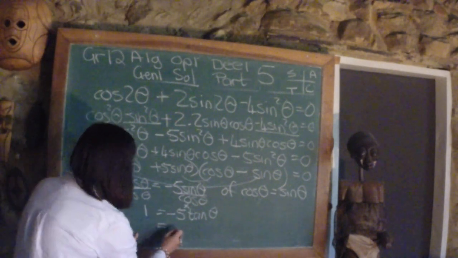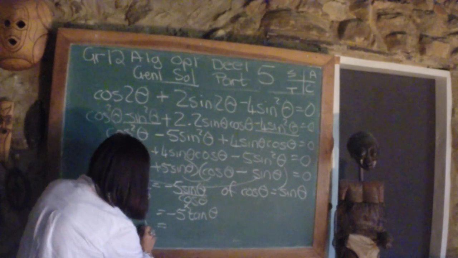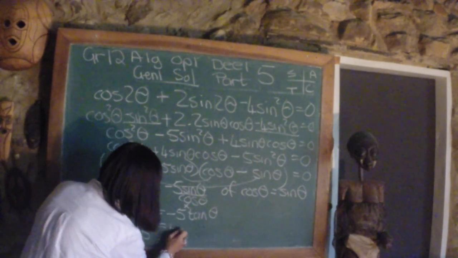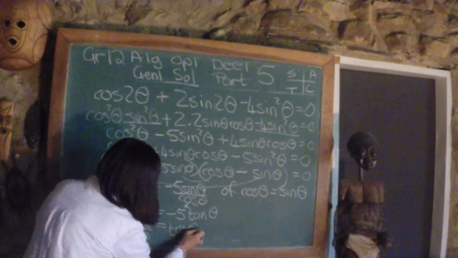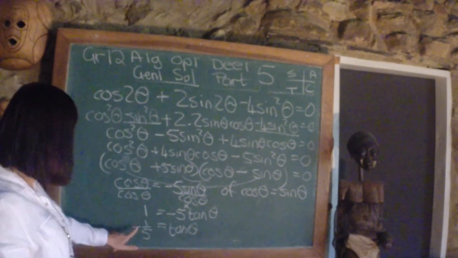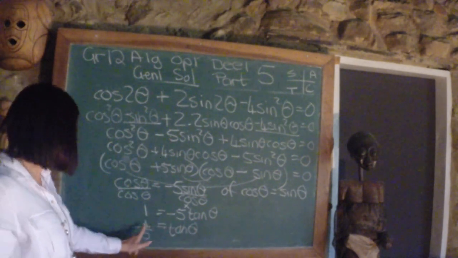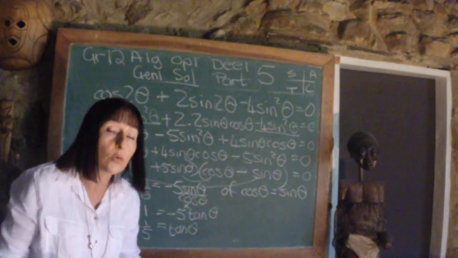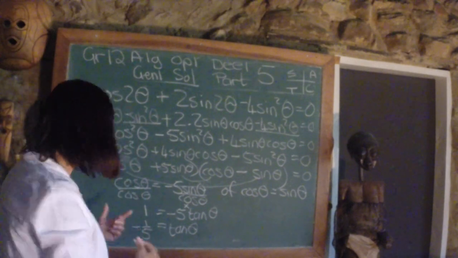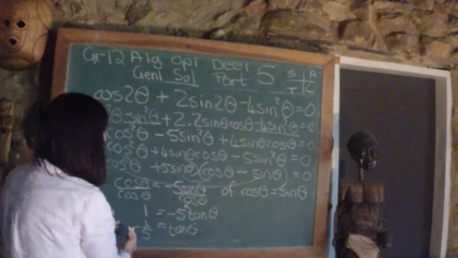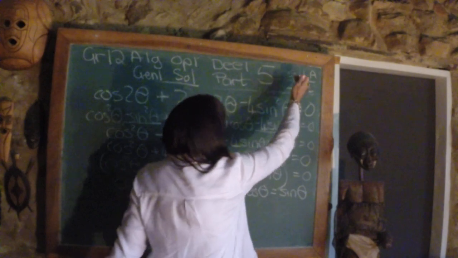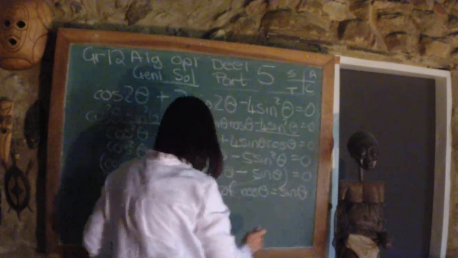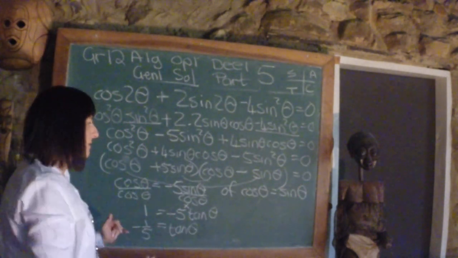So now it becomes a division. I can rewrite it and switch the 2 so that it looks better. So the tangent of theta equals minus a 5th. And then you can start again with your basic general solutions. In what quadrant will tangent be negative? In the second and fourth quadrant. Second, fourth, and I can do my solution.